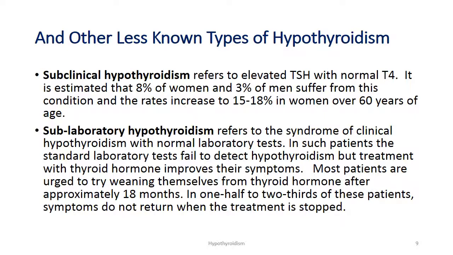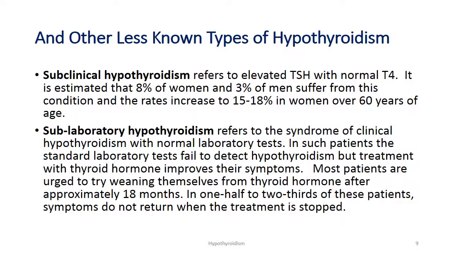Sublaboratory hypothyroidism refers to a syndrome of clinical hypothyroidism with normal laboratory tests. In such patients, the standard thyroid tests fail to detect hypothyroidism, but the symptoms are there, and treatment with thyroid hormones improves their symptoms.